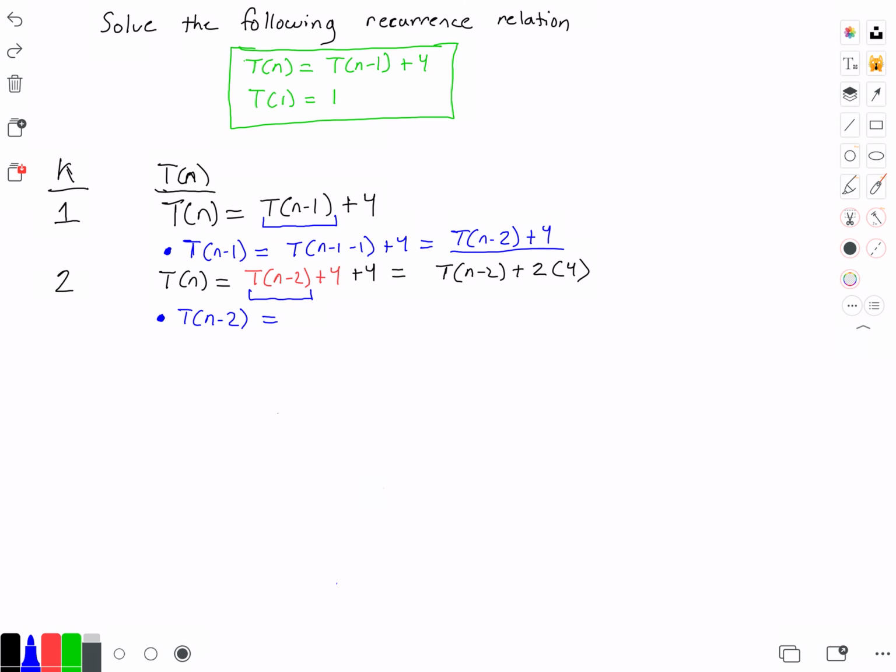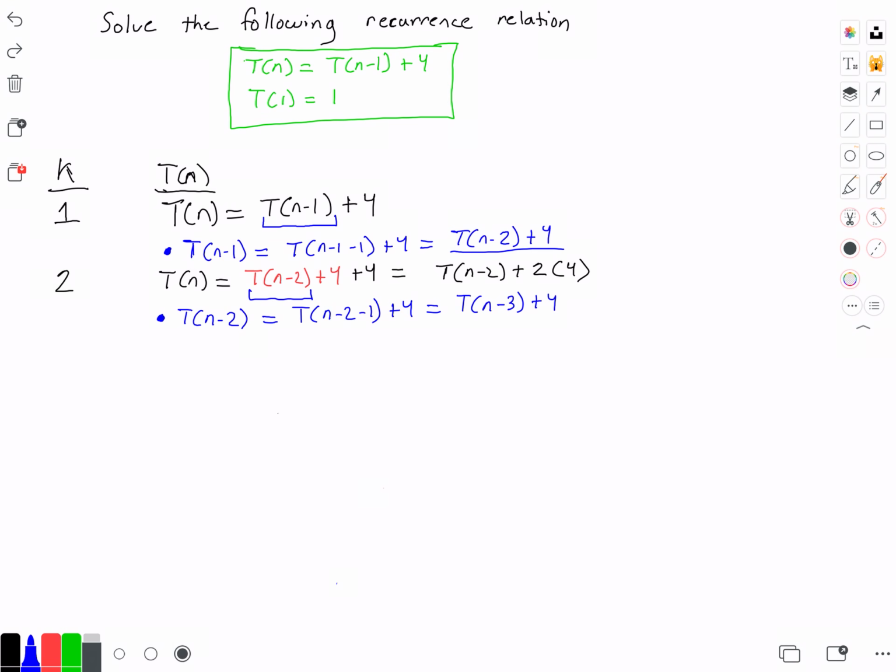So let's go ahead and do that. So we get T of n minus 2 minus 1 plus 4. And I'm going to simplify this. So we get T of n minus 3 plus 4.